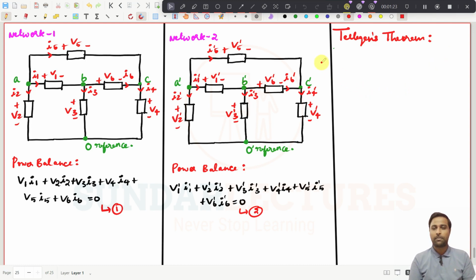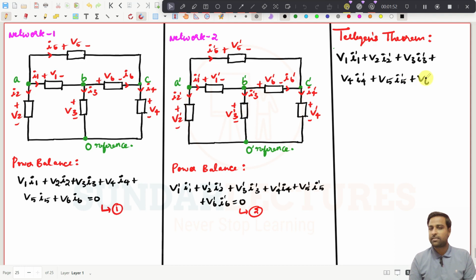And what Tellegen's theorem tells us, for example, if you are writing from 1 and 2, I am just writing it down. V1 into I1 dash plus V2 into I2 dash plus V3 into I3 dash plus V4 into I4 dash plus V5 into I5 dash plus V6 into I6 dash should be equal to 0. See, there is no physical connection, there is no mutual connection between network 1 and network 2.